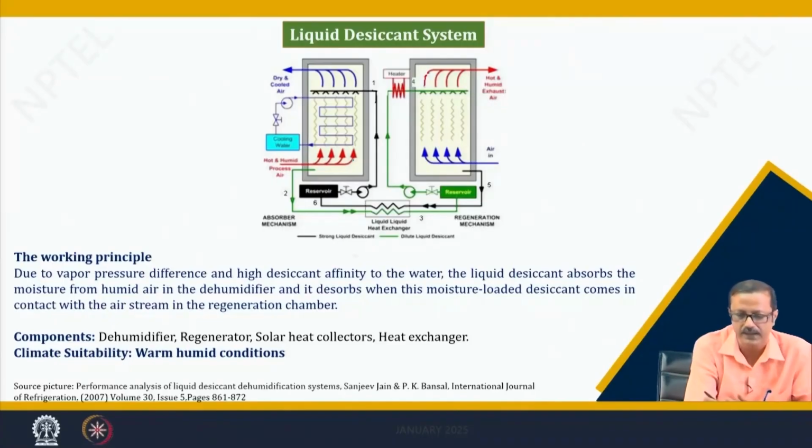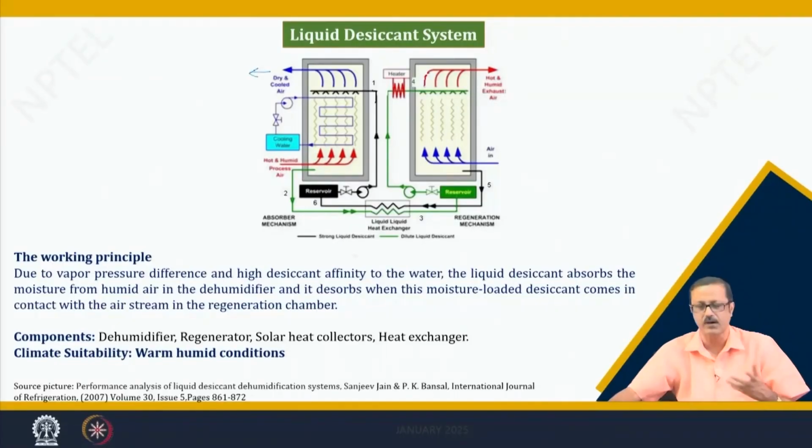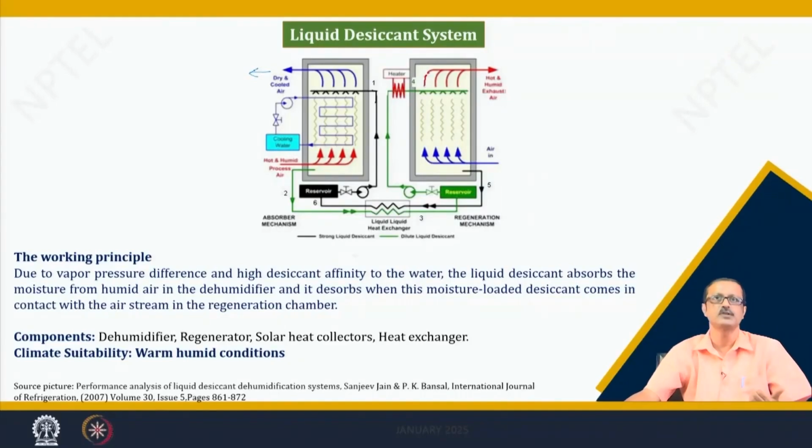So, dry and cool air will come out, and that will be the treated air. So there will be less humidity and it will also be cooled. So it can be used in the warm and humid climate.